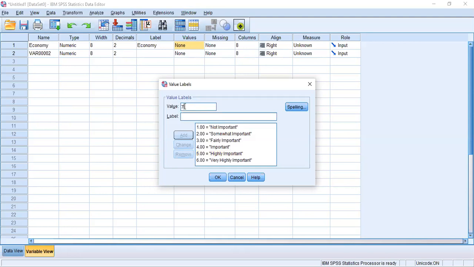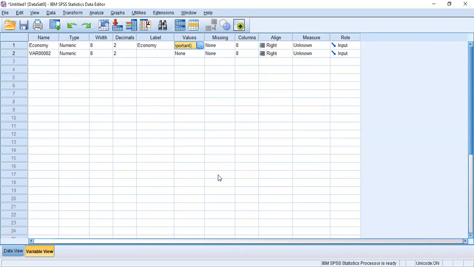And 7, extremely important. I've named these variables on a scale of importance. I click OK, and then we are talking about the measure. The measure is basically scale.